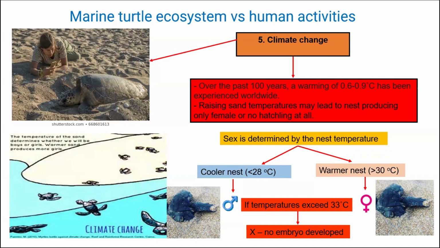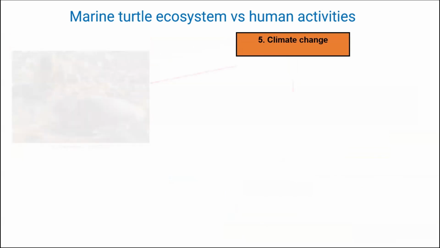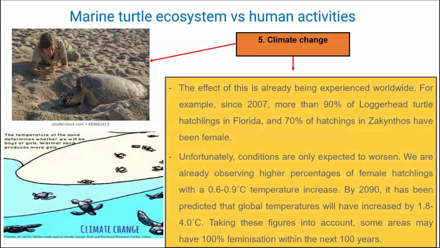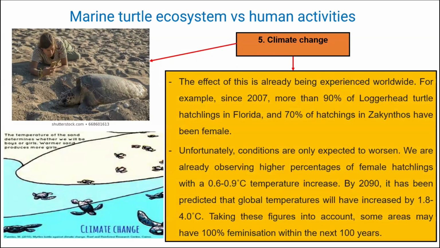That's why, to make a connection with the title, How Hot is Too Hot for Marine Turtles, if this temperature exceeds 32 or 33 degrees Celsius, it will stop the development, and the scenario is very bad for the survival of the population of this species. And the effect of this is already being experienced worldwide. For example, since 2007, more than 90% of loggerhead turtles in Florida and 70% in Zakynthos, Greece, have been females.